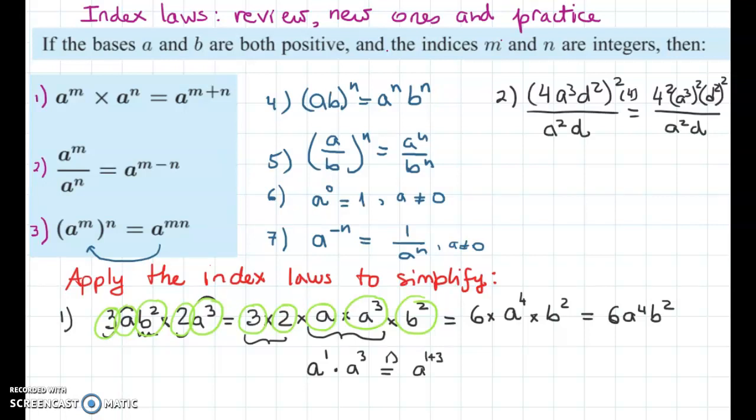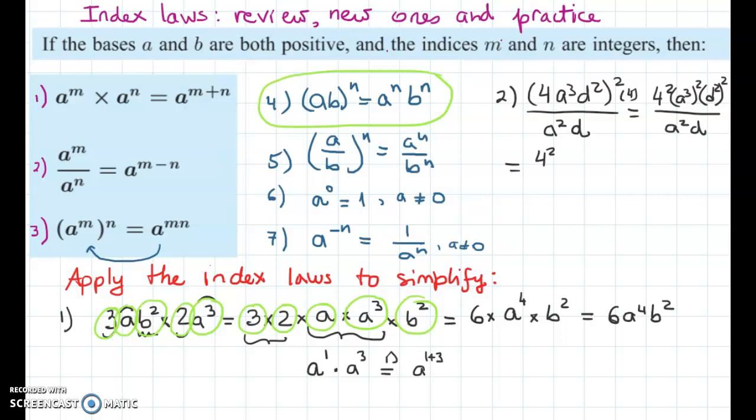Again, the property I use over here is number 4. So I got rid of the bracket by putting that exponent at each one of the factors, which in this case were 3. So what we have here, we have 4 squared. I'll leave it like that for now.